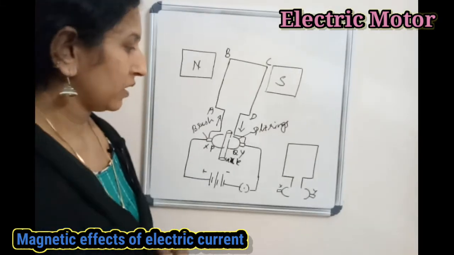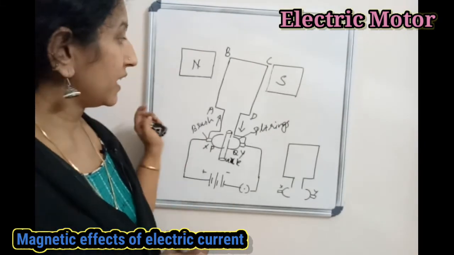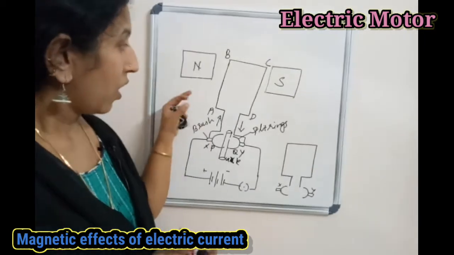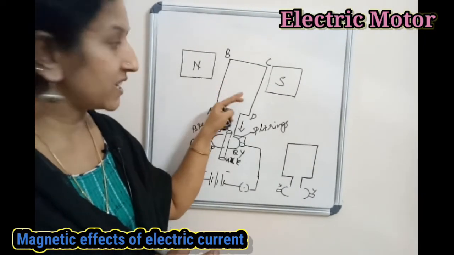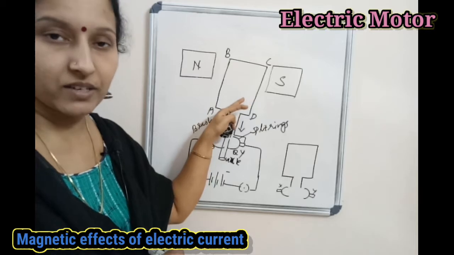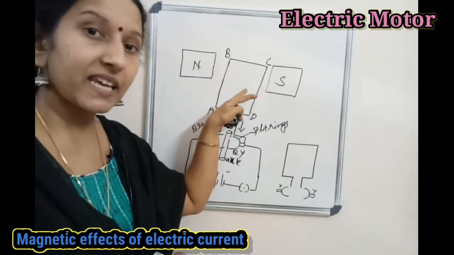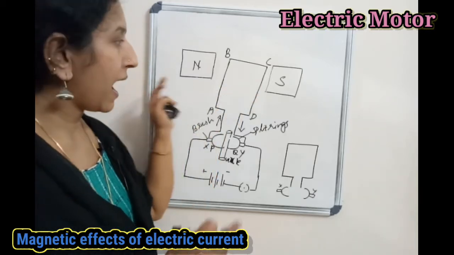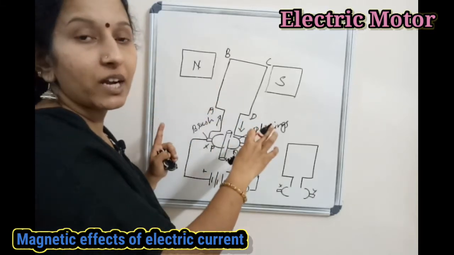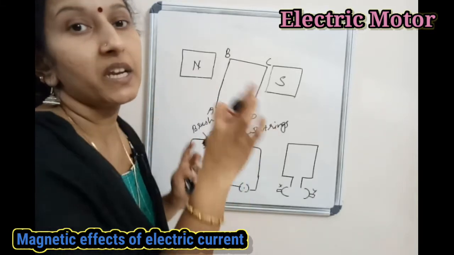Okay. Then another very important point. On passing the electricity, the coil behaves like a magnet, right? And when two magnets are near to each other, they experience a force.